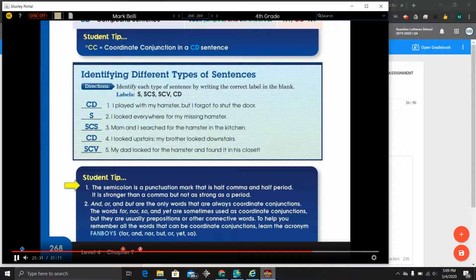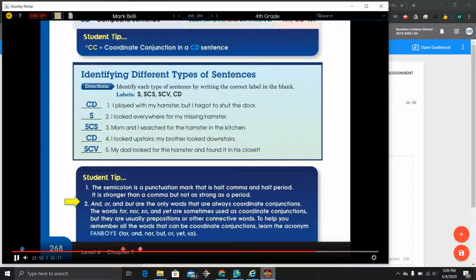Number 1. The semicolon is a punctuation mark that is half comma and half period. It is stronger than a comma, but not as strong as a period. Number 2. And, or, and but are the only words that are always coordinate conjunctions.